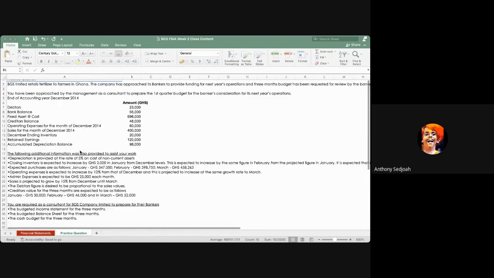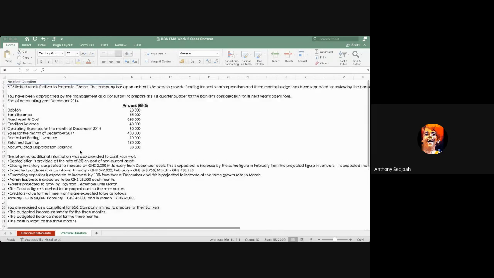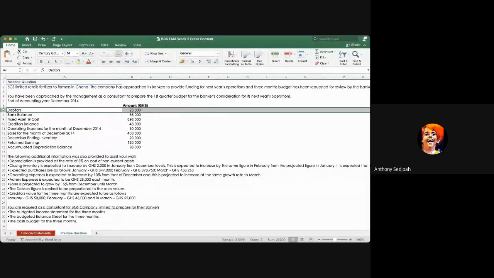But in this scenario, a company wants to go for funding, and the bank that wants to give the funding wants to know their performance in future. So that if their performance is good enough, they can say, okay, we can give you the loan. But if their performance doesn't look good, then they will decline their request for the loan. So we are going to prepare financial statements that look into the future. We will use the present or the past information to make estimates about what is going to happen in the future.